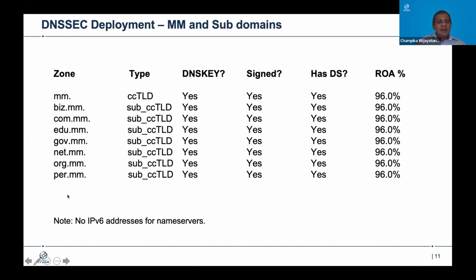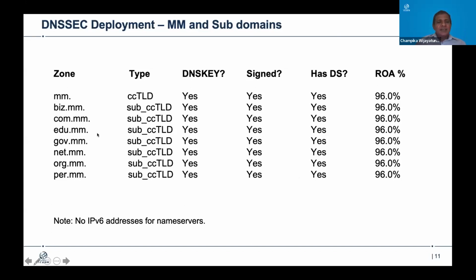So all these second level domains have propagated the DS records to .mm, and .mm has propagated the DS record to the root. So if you see the root zone, you see the .mm DS record. Okay. So from .mm's perspective, it is very good, because you have deployed DNSSEC.